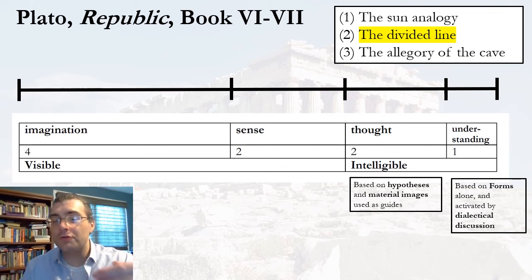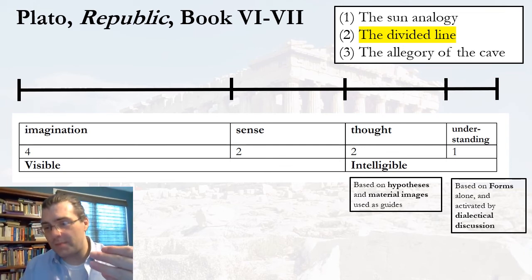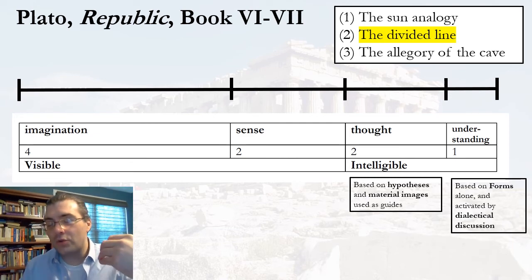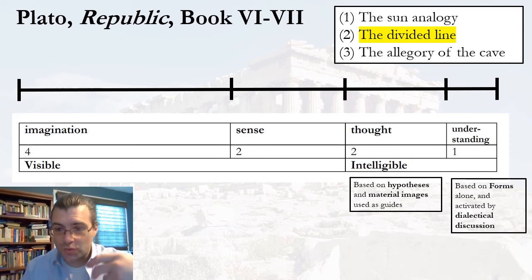One comes to learn the forms by thinking critically about the forms, or about the way that we talk about things. So one thinks critically, one questions, one doesn't just assume hypotheses, but always questions them and asks whether or not they really are grounded or justified.